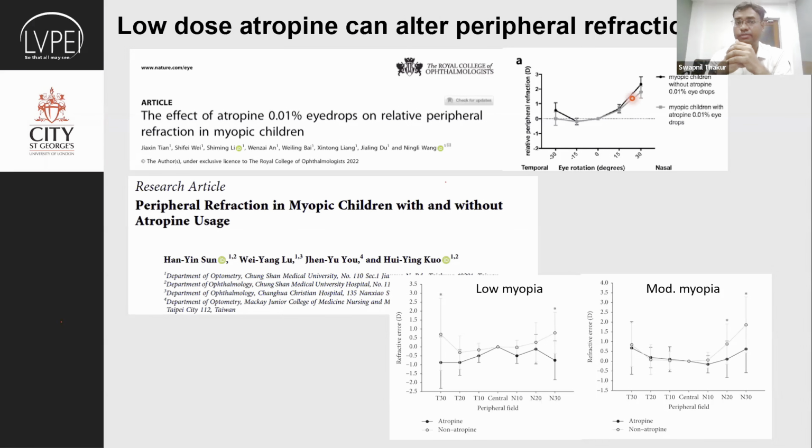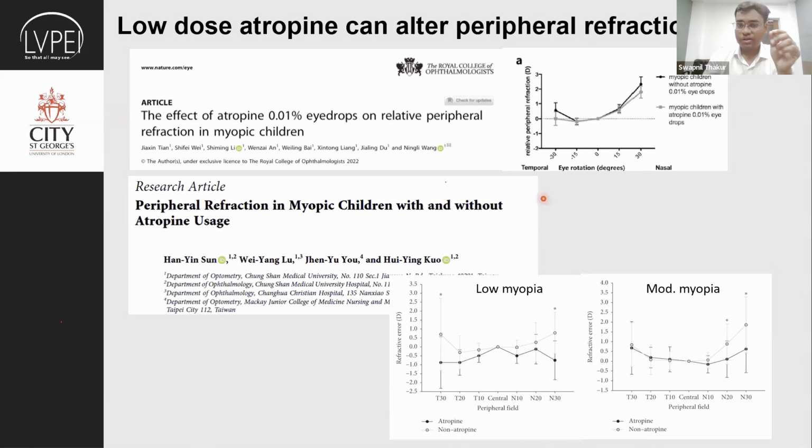But this was very interesting because in the optical treatment we have lenslets with myopic defocus, which reduce your hyperopic defocus, but in the pharmaceutical treatment we don't have anything. Therefore, we don't have clear, concrete information about how this pharmaceutical treatment is altering the relative peripheral refraction.